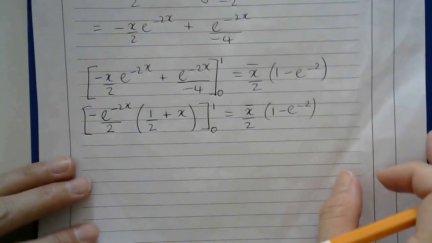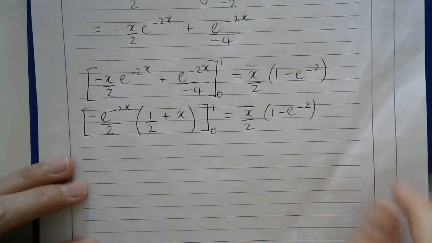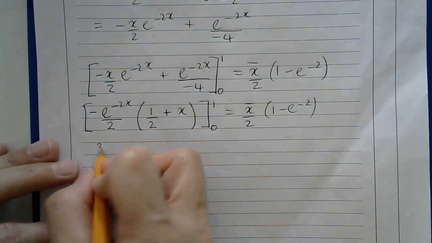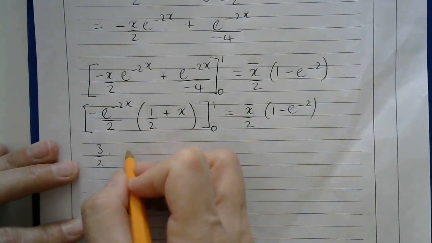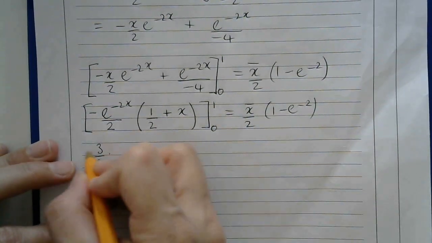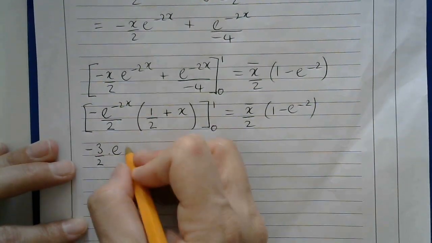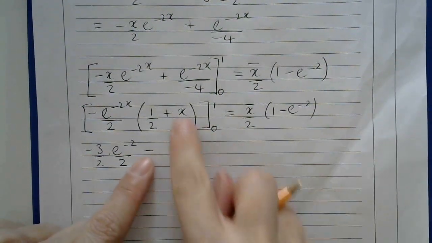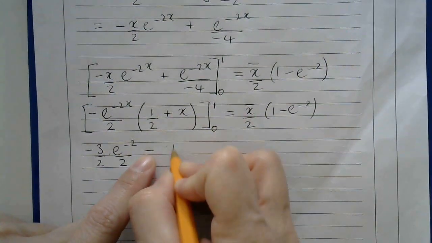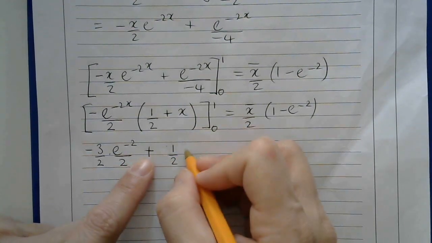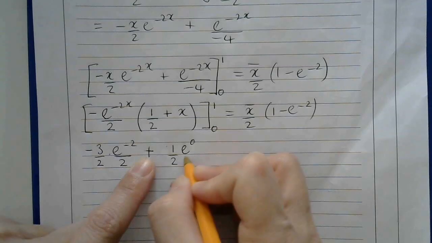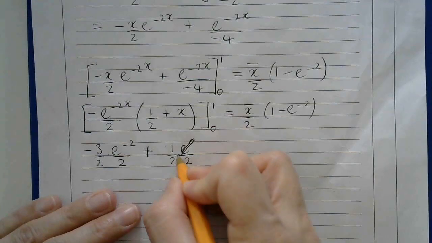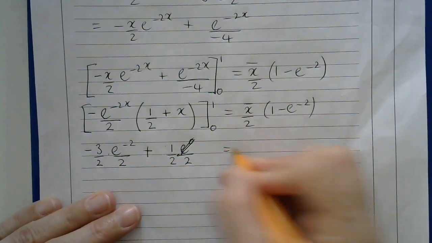So when I pop 1 into here, I end up with 1 plus a half, so 3 over 2 multiplied by negative e to the negative 2 over 2. And when I pop 0 into here, I end up with half times negative e to the 0 over 2. And e to the 0 is just going to be 1. So I end up with a half times a half there.